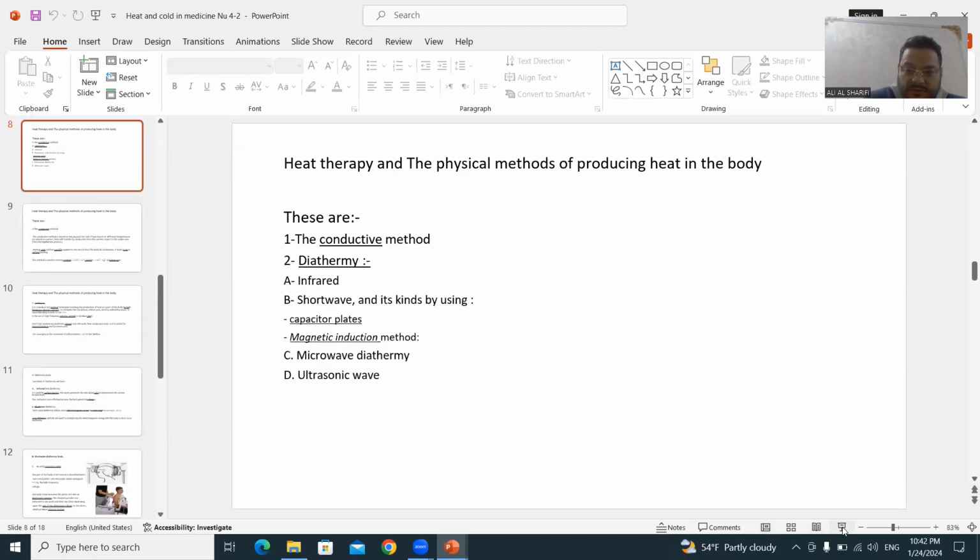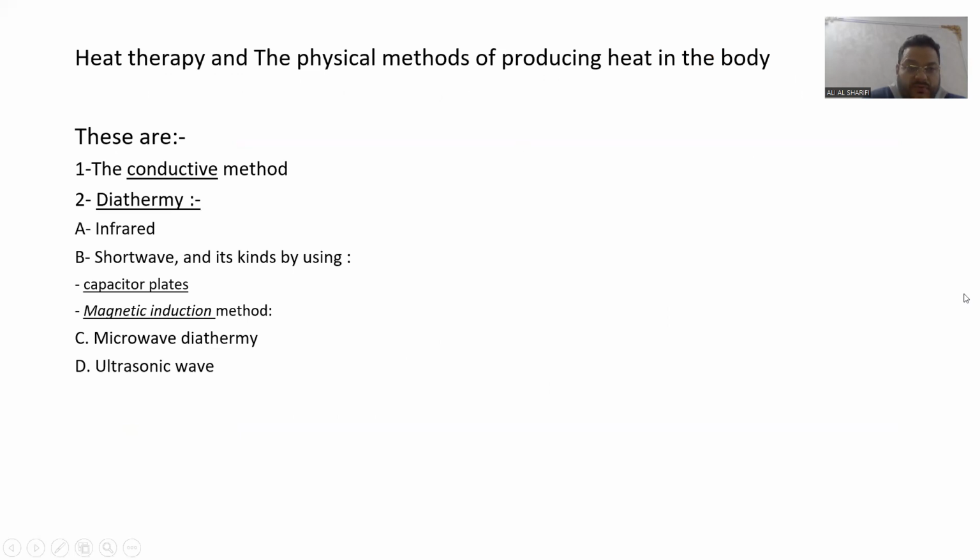Let's start. Like I said before, we have some kinds of physical methods. The first one is the conductive. After that, diathermy.